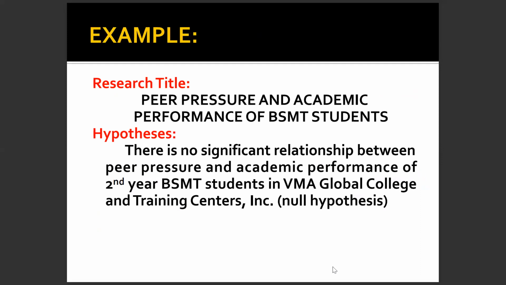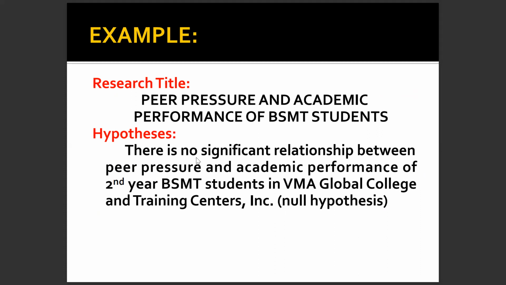So for example, the title, Peer Pressure and Academic Performance of BSMP Students. The hypothesis, in this case in null hypothesis form, would be: there is no significant relationship between peer pressure and academic performance of second-year BSMP students in BMA Global College and Training Centers Incorporated.